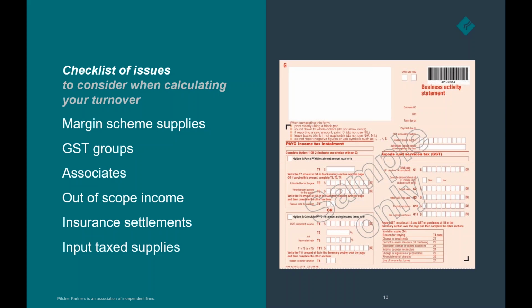Associates is another one. So the general rule is that supplies for nil consideration don't need to be included as part of turnover. However, if those supplies are between associates and the recipient of the supply would not be entitled to a full input tax credit if GST were payable, or the recipient of the supply is not registered for GST, there are special deeming rules in the GST Act which require those supplies to be treated as taxable supplies based on the market value of the supply being made.